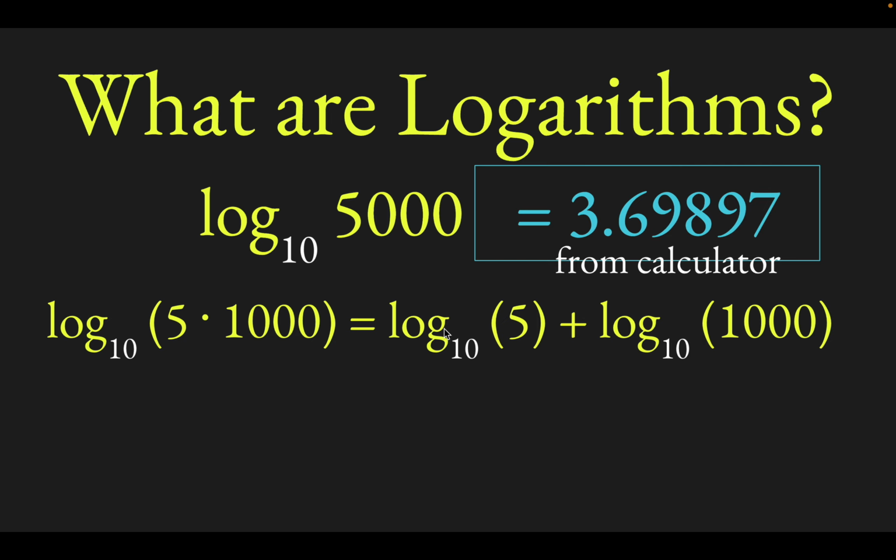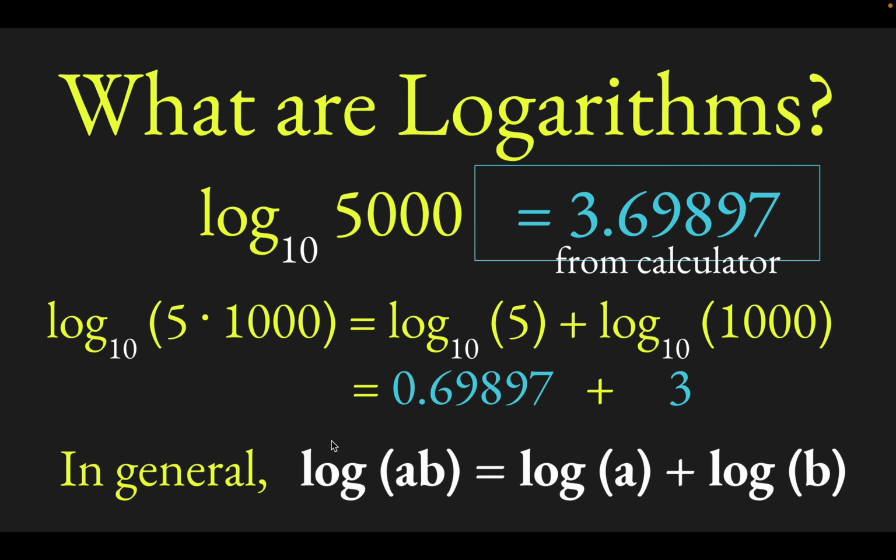So log base 10 of 5 is, well, what exponent must you put on 10 to get a 5? It turns out that is a number less than 1. So 10 to a power less than 1 will get you to 5, and it's this funny decimal. And then the second term here says log base 10 of 1,000. Well, it's what exponent must I put on 10 to get 1,000? That's going to be 3. So 10 cubed is 1,000. So you get this quirky little rule that log base 10 of 5,000 is the same as log base 10 of 5 plus log base 10 of 1,000.